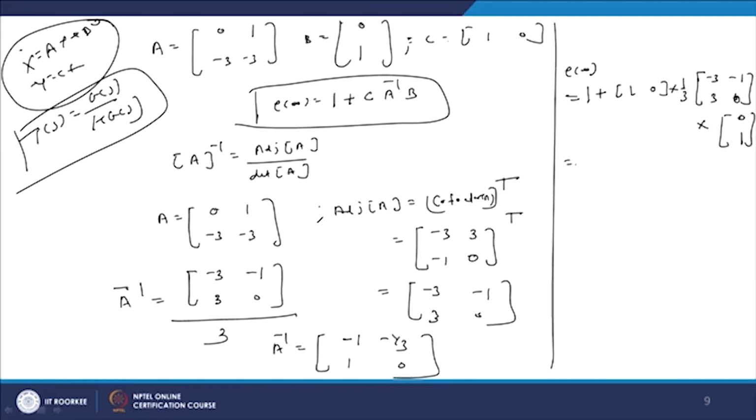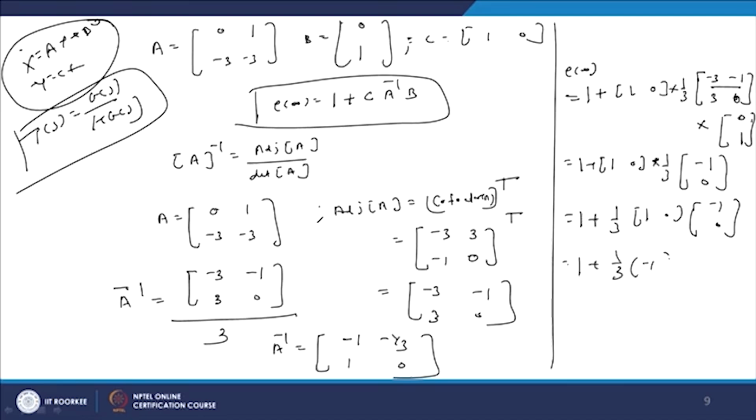So here 1 plus 1 0 multiplied by 1 by 3. Now if you solve this multiplication, you will get minus 1 0. Now here 1 plus 1 by 3, 1 0 times minus 1 0, so here you will get 1 plus 1 by 3 into minus 1, that is 1 minus 1 by 3, which is 2 by 3.